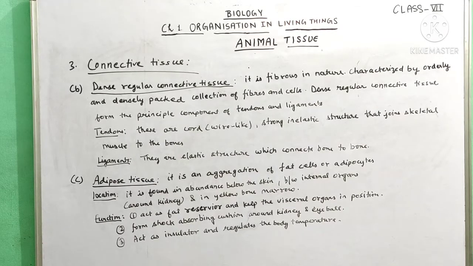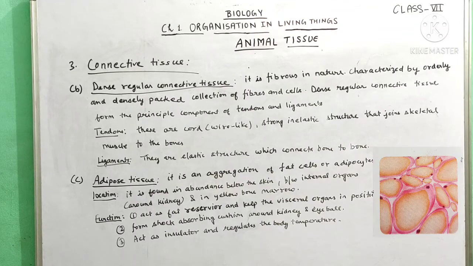You have heard these two words, tendons and ligaments. What are they? Tendons are cord-like. Cord-like means a wire-like structure, and these are strong, inelastic structures that join the skeletal muscles to the bones. Now talking about the ligaments, these are elastic structures which connect bone to bone.